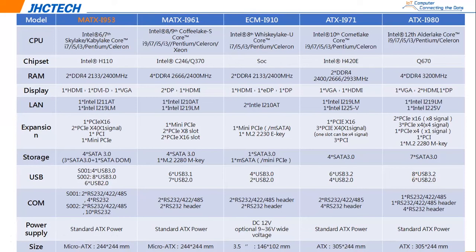MATX motherboards. Our MATX i953 is a Skylake or Kabylake processor. i961 is Intel Coffee Lake S processor. 912 is Intel Whiskey Lake U SoC, and 971 is the Comet Lake processor, and 980 is Alder Lake processor.